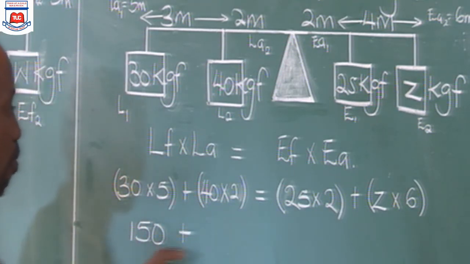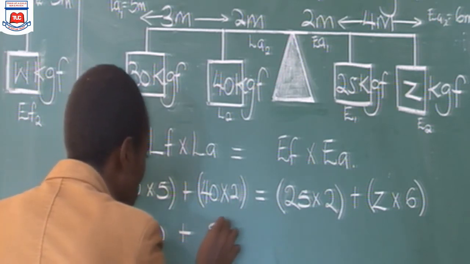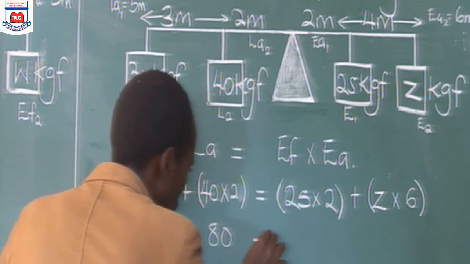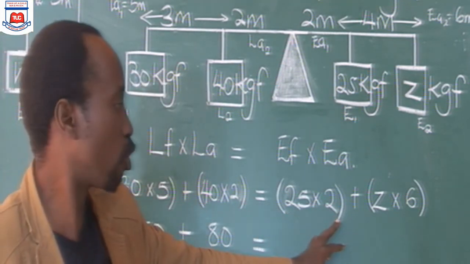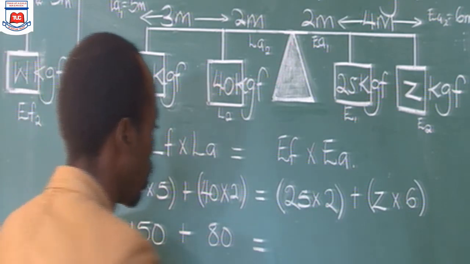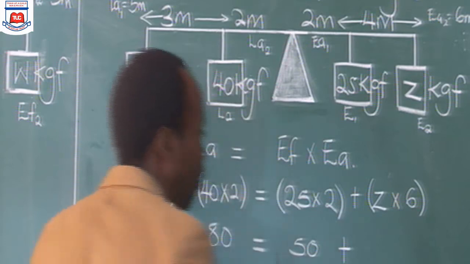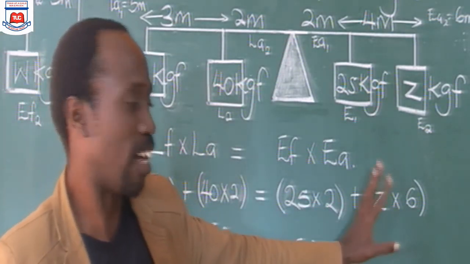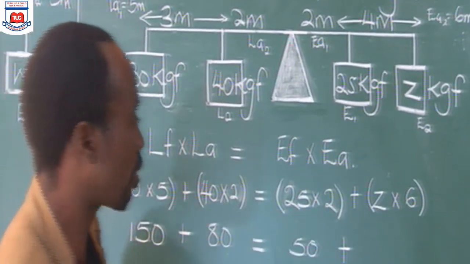Plus 40 times 2, that gives us 80, all right? That should be equivalent to 25 times 2 gives us 50. Let's put a 50 plus z is unknown times 6. We shall get 6z.